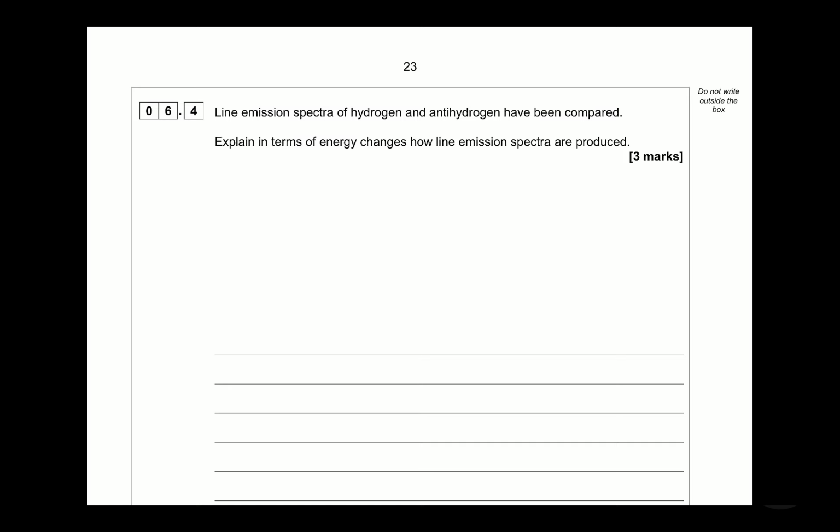Last thing, line emission spectra for hydrogen and antihydrogen compound. Explain how line emission spectra are produced. Okay, so a few things that we have to talk about here. We have to talk about the fact that electrons in an atom exist at discrete energy levels.